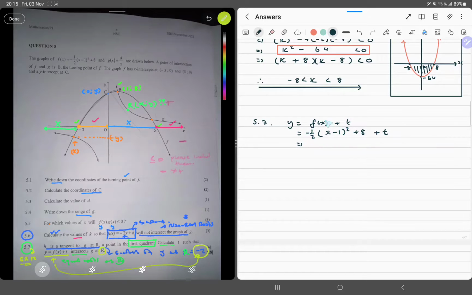So when we FOIL this thing out, we're going to have a minus half x squared. Can you see that? Then here we're going to have minus x is going to be minus 2x. Minus 2x times minus half is going to be plus x. Then this one times plus 1 is going to be minus a half again. Then we have plus 8 plus t.